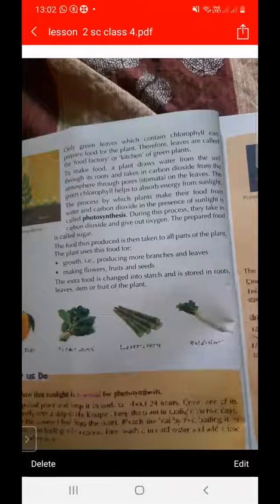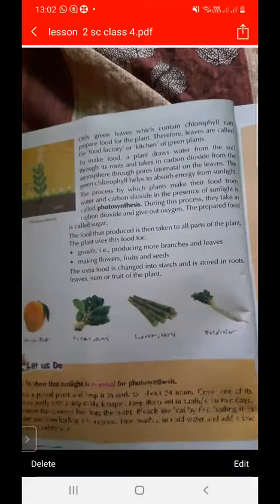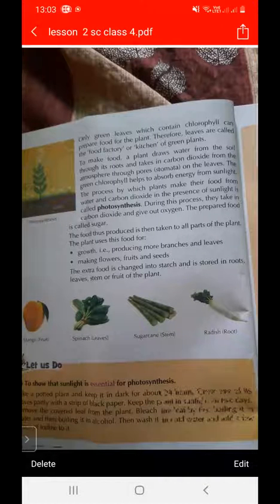And this phenomenon is called photosynthesis. How do plants make their food? A plant takes carbon dioxide from the atmosphere and chlorophyll from the leaves and water and minerals from the roots, and these are all converted into food, and this is the process by which they make their food, and this process is called photosynthesis.